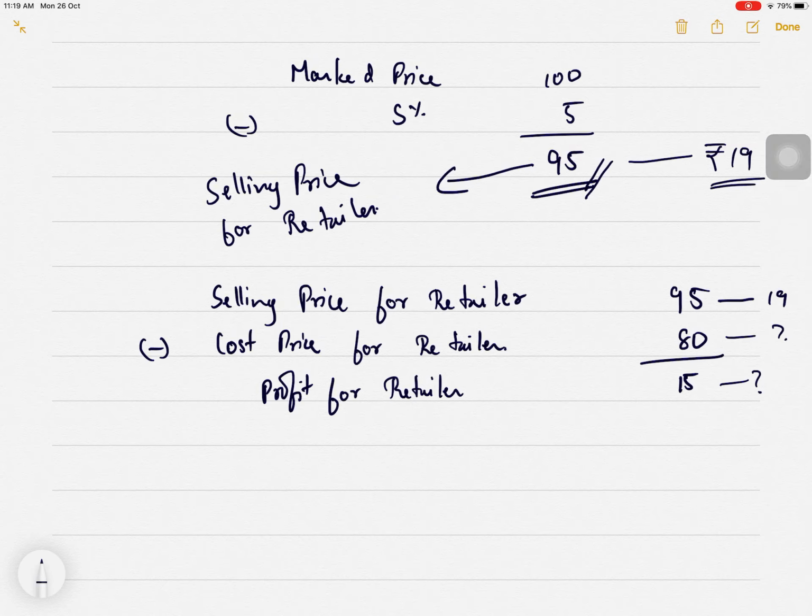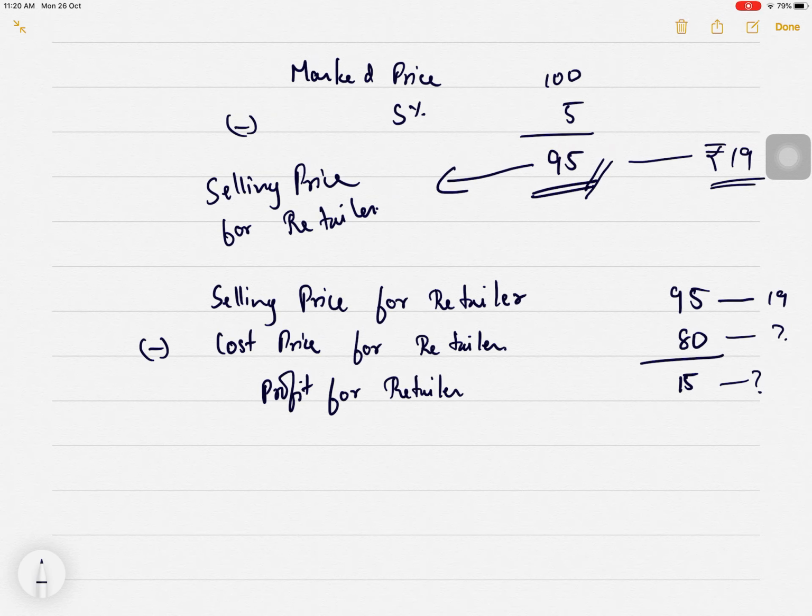So, the customer is paying 19 rupees. That means the retailer is selling it for 19 rupees, and the customer is buying it for 19. That means we find the cost price for the retailer and the profit for the retailer. So, if 95 corresponds to 19, how much is 80 and how much is 15?